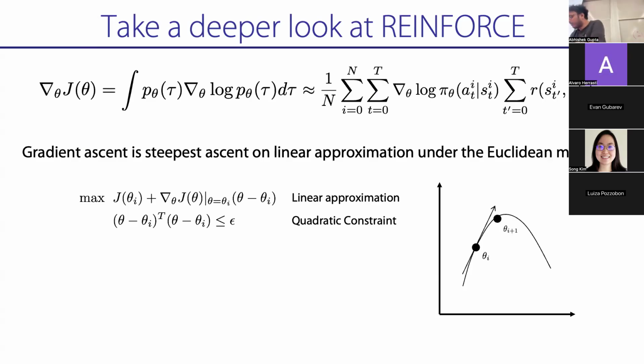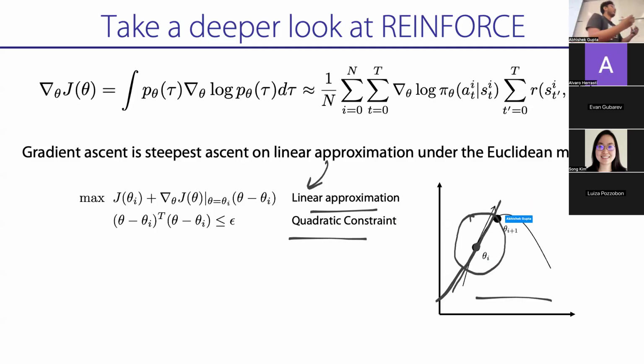So if you ever have a function, you're trying to do gradient descent, you can think of gradient descent as taking a linear approximation of that objective and then trying to find the maximum of that linear approximation under a quadratic constraint, right? So if I have this as my current theta i, I'm going to take a linear approximation, and then I'm going to say within this ball, where the norm of theta minus theta i is less than or equal to epsilon, I'm going to try and find the maximum, right?